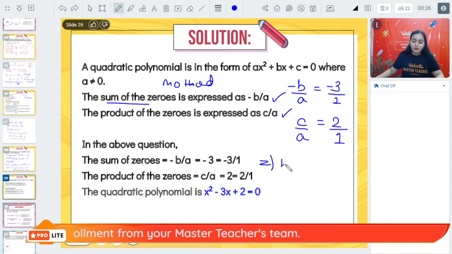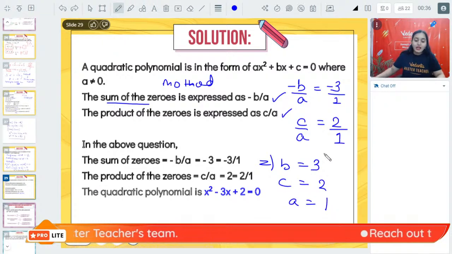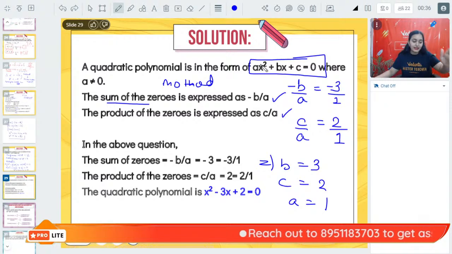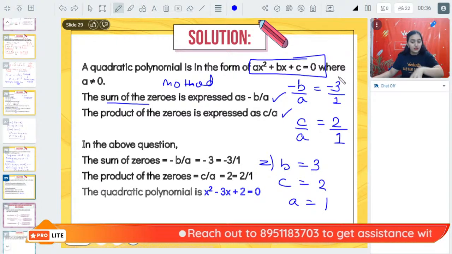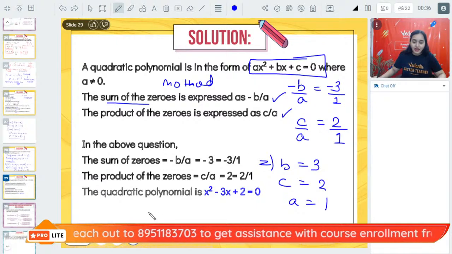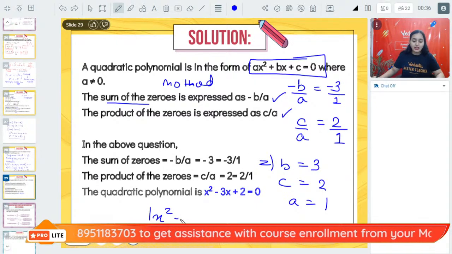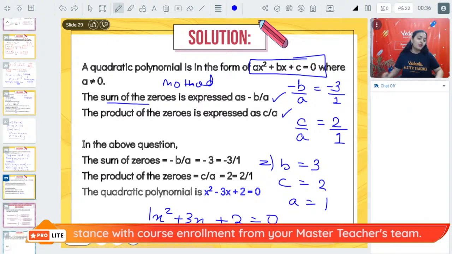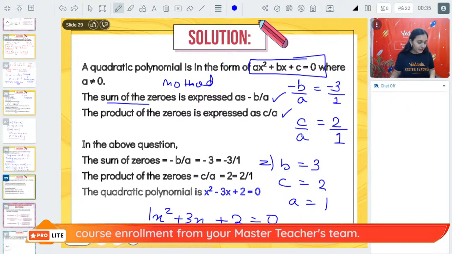This implies that b is equal to 3, c is equal to 2, a is equal to 1. Now put this in the general equation ax square plus bx plus c is equal to 0. What is a? a is 1. What is b? b is 3. What is c? c is 2, is equal to 0. Like this also you can form the equation. Okay?